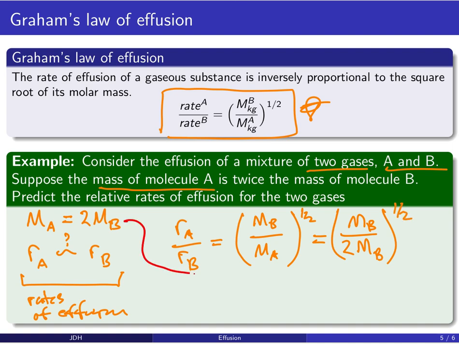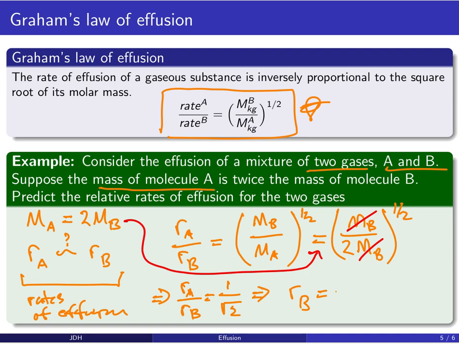All I've done here is use that relationship given in the problem. Of course, mass of B is going to cancel out, which gives us this ratio of the rates as equal to 1 over the square root of 2. Or, in other words, the rate of effusion of B is going to be equal to the square root of 2 times the rate of effusion of A.